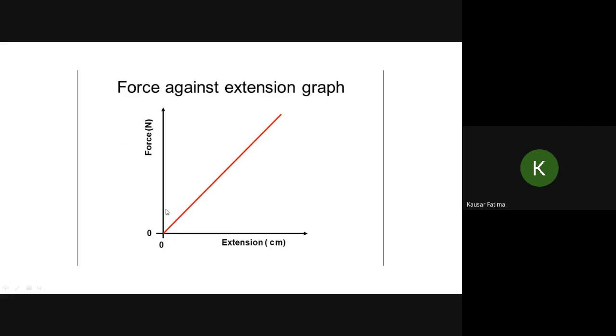It means force is directly proportional to extension, and the object has not crossed the elastic limit. So you have not suspended any weight beyond the tolerance of this spring.